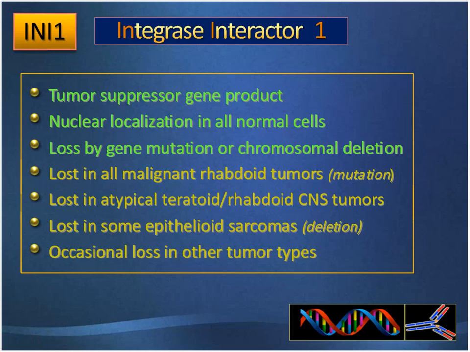This also can be lost in some epithelioid sarcomas by deletion, and occasionally in some other tumors, which usually is a focal loss in these tumors and not a universal loss, as you can see in the rhabdoid tumor or teratoid rhabdoid tumors.